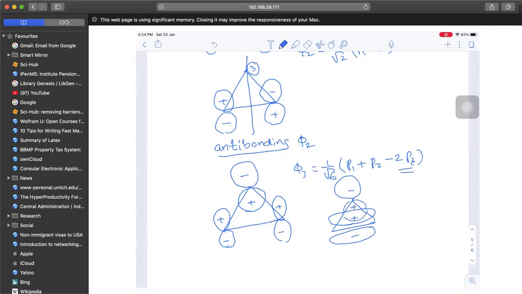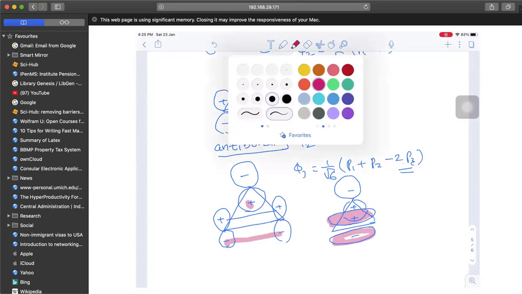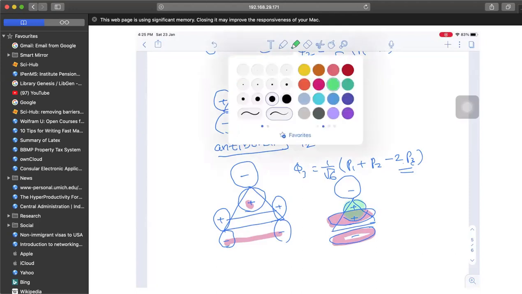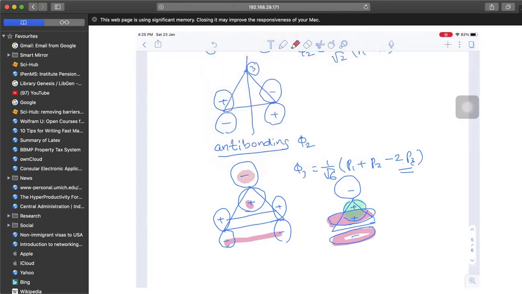These two combine and you get this shape that I have put, and these two combine and you get this shape. Then this one, let me use a different color, is here. So that is how the molecular orbital is.